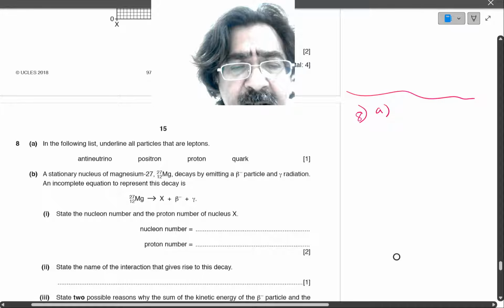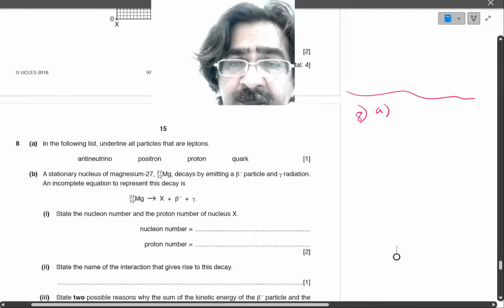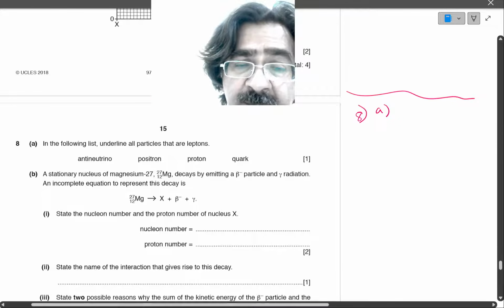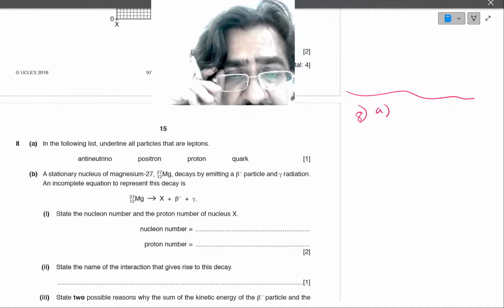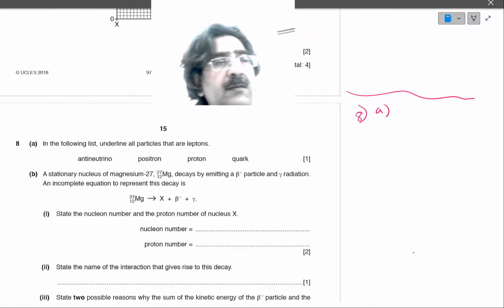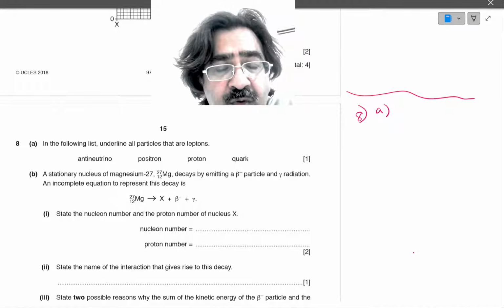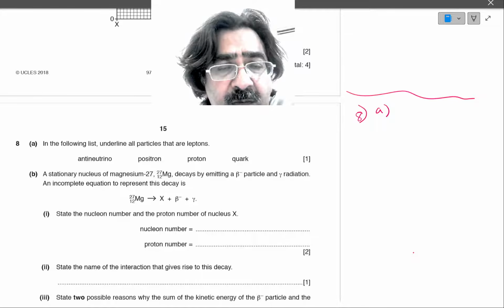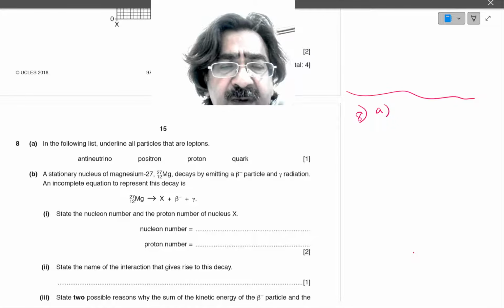Neutrino. Leptons are a basic particle. Proton and quarks will not be. So proton is also a hadron, quarks no. Lepton is a basic particle and it has spin half.